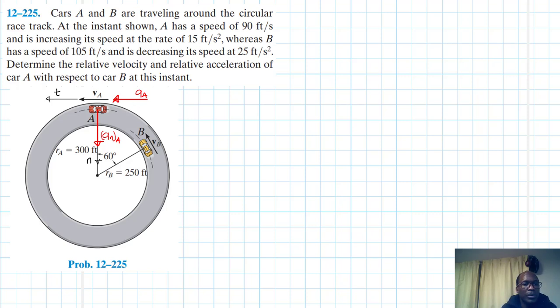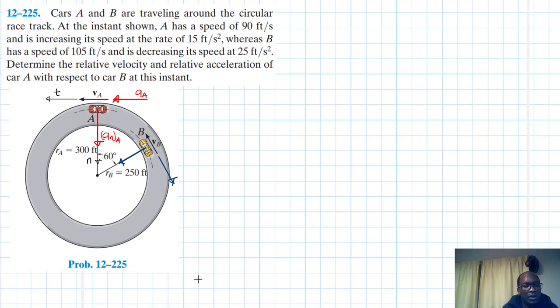Let's go to B. B's speed is decreasing at this rate given, so the acceleration will be in the opposite direction of velocity, like so, and it will also have some centripetal acceleration, like so. Let's give these values some names.